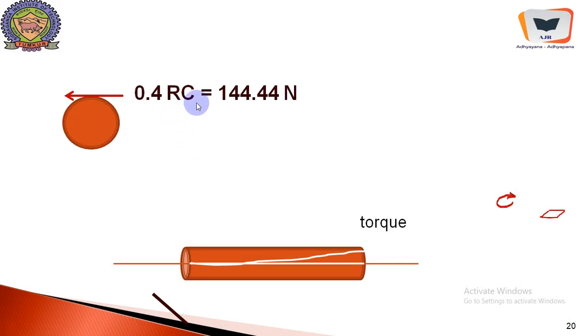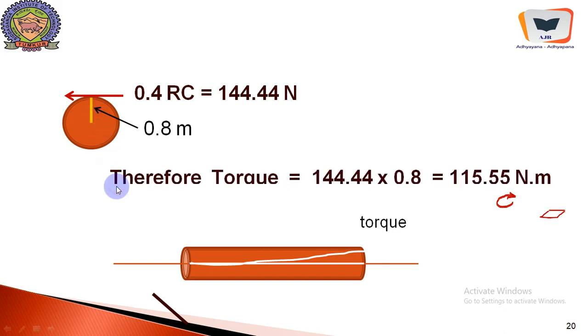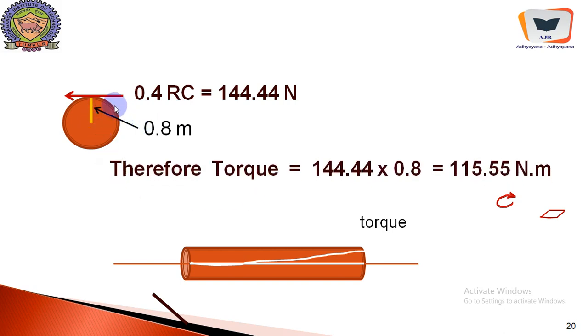So 0.4 times RC equal to 144.44 Newton, and this is the free body diagram as far as the shaft is concerned. And this is the moment arm, which happens to be the radius. Now, therefore, the torque generated by this frictional force is 144.44 into 0.8 equal to 115.55.